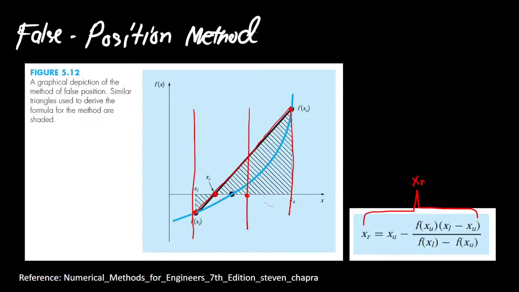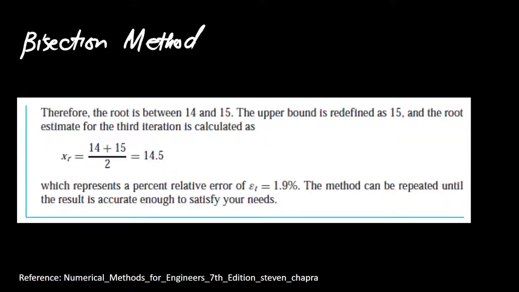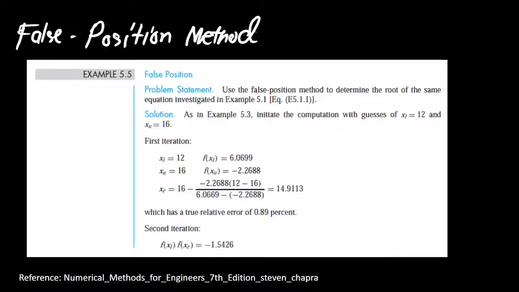In the first iteration of the bisection method, the result was 15. In the false position method, you can see that it is 14.9, which is much closer to the root we are trying to get. So you could say that it is more reliable than the bisection method. And it is the same deciding factor for what you replace, the lower or the upper.